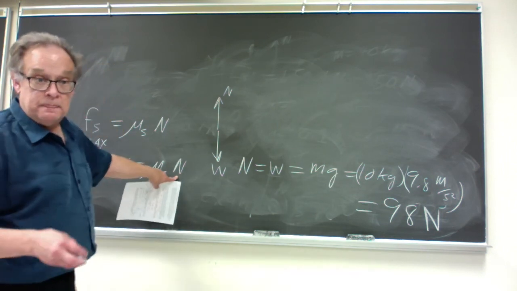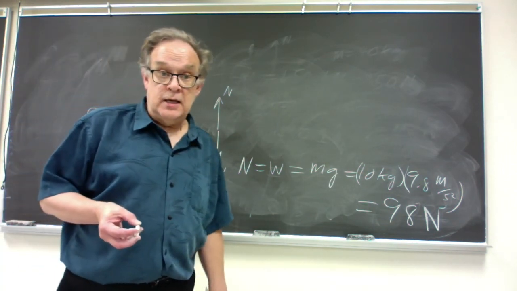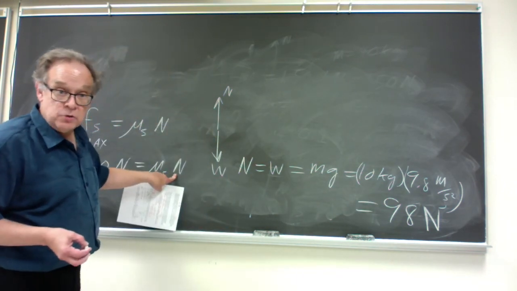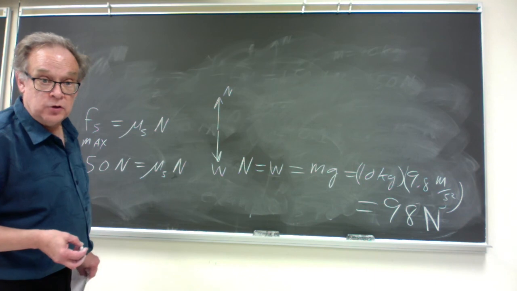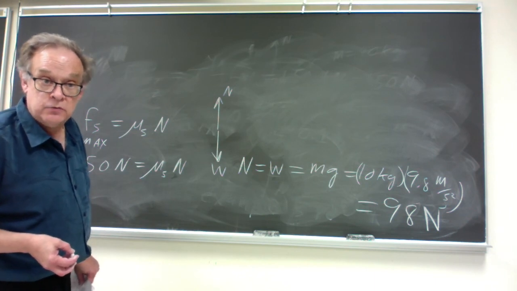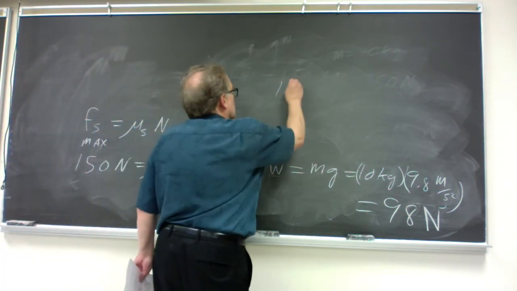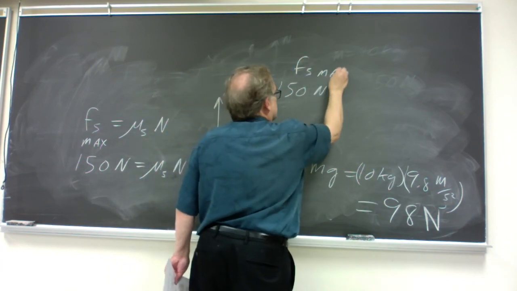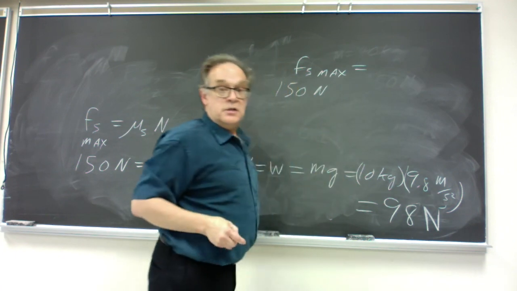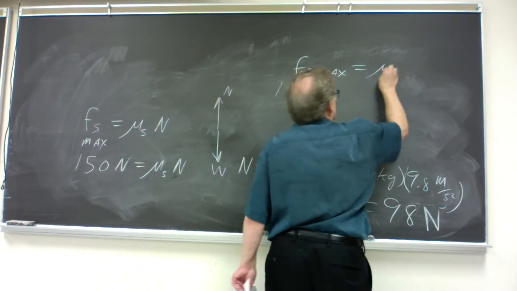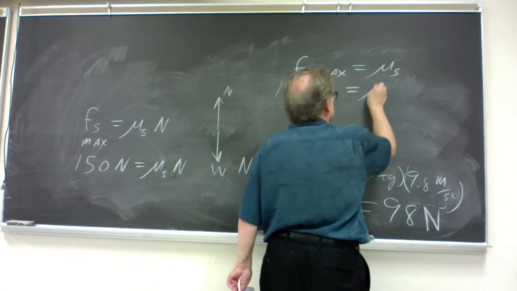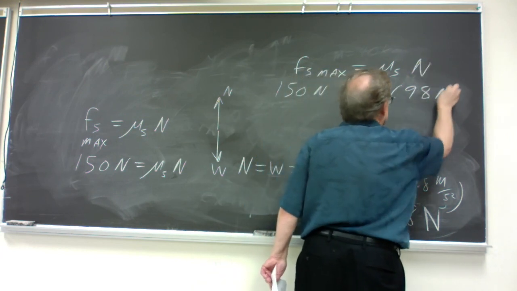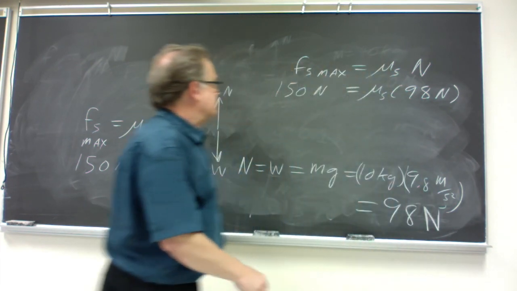So 98 newtons is the weight, which will also be equal to the normal force in this case. That normal force coming from the same surface as the surface that provides the friction. So 98 newtons goes in there, and then we can solve for the value of the coefficient of static friction. 150 newtons, that was the maximum value of static friction, equals coefficient of static friction times normal force, but the normal force is 98 newtons.